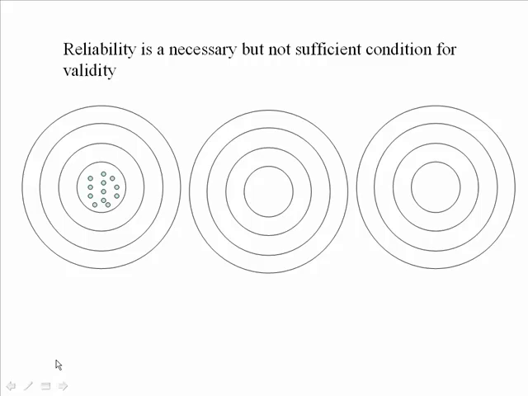And then secondly, they're also on target, which suggests a high level of accuracy. So when these two issues are looked at collectively, we would describe this first target, or the first individual, as being a valid and reliable shooter.